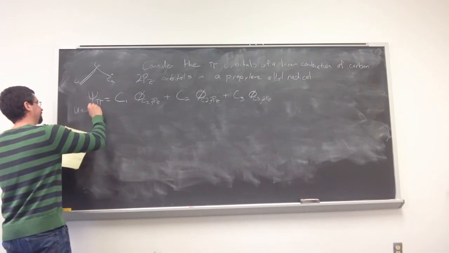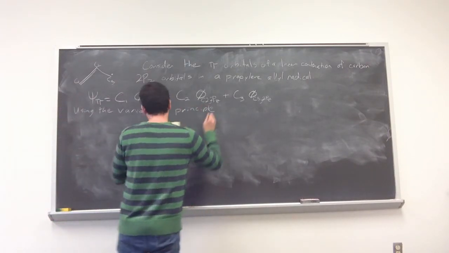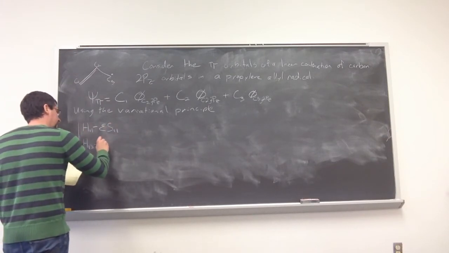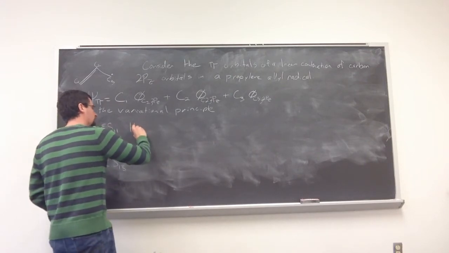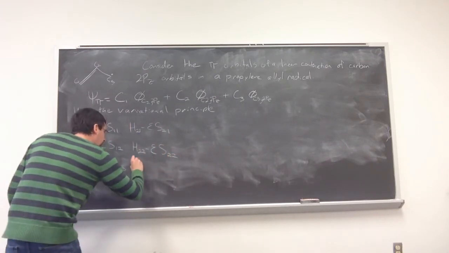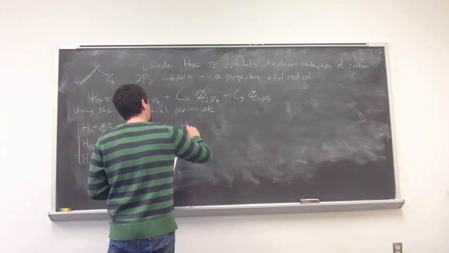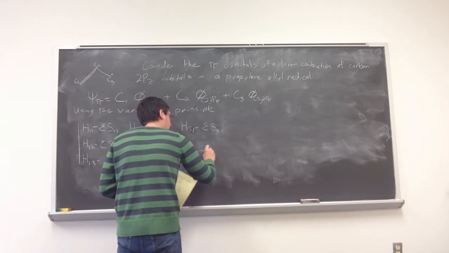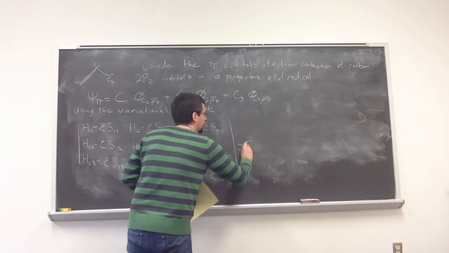So using the variational principle, we end up with H11 minus epsilon S11, H12 minus epsilon S12, H13 minus epsilon S13, H21 minus epsilon S21, H22 minus epsilon S22, H23 minus epsilon S23, H31 minus epsilon S31, H32 minus epsilon S32, H33 minus epsilon S33. So that's our secular determinant. That's all set to 0.